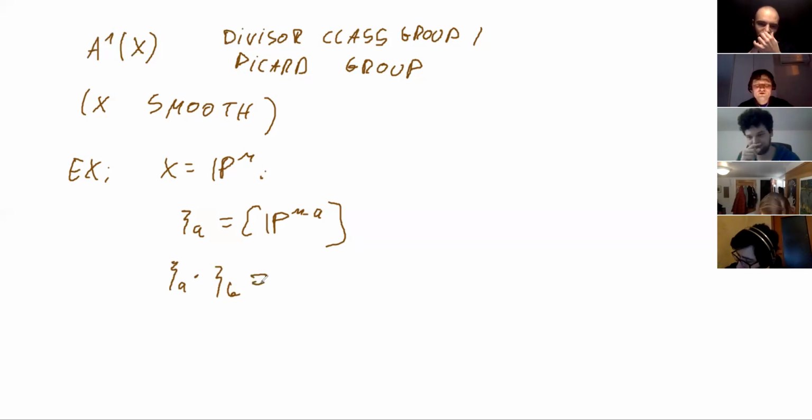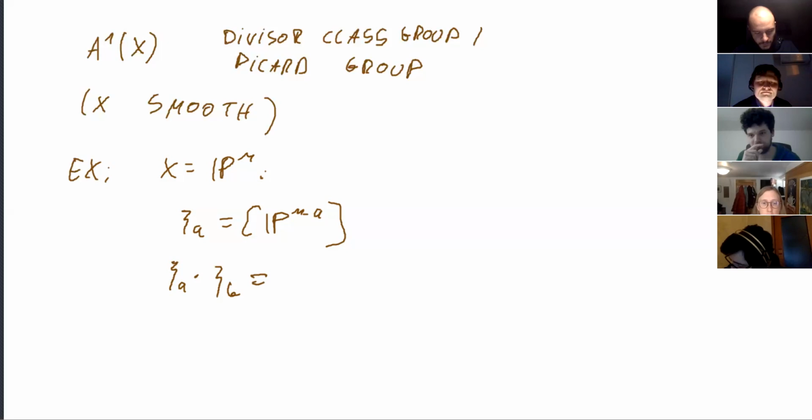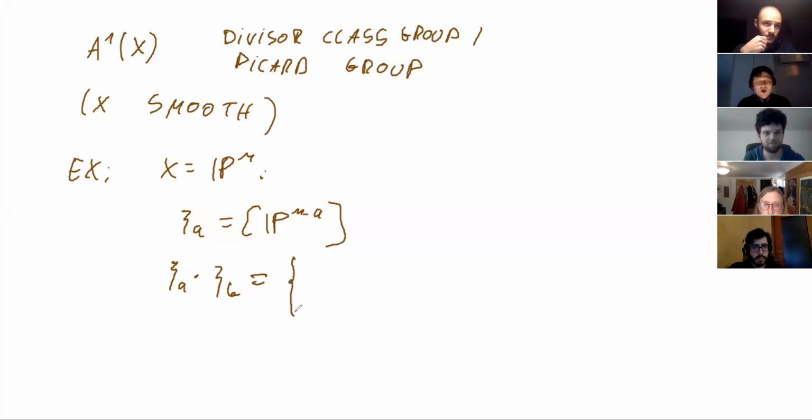That's a question for the audience. Do you get the smaller of the two? Well, I don't know. When I intersect two lines on a plane, do I get the smaller of the two? What happens when I intersect two general lines on a plane? You get a point? That's correct.